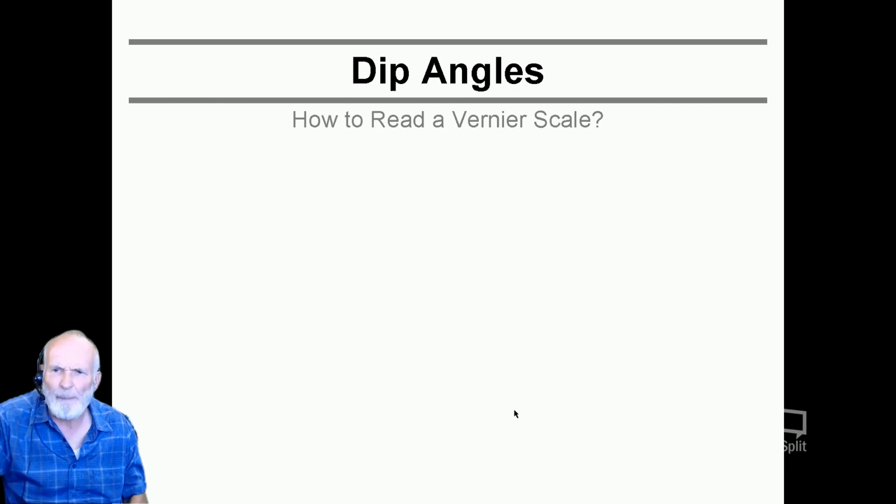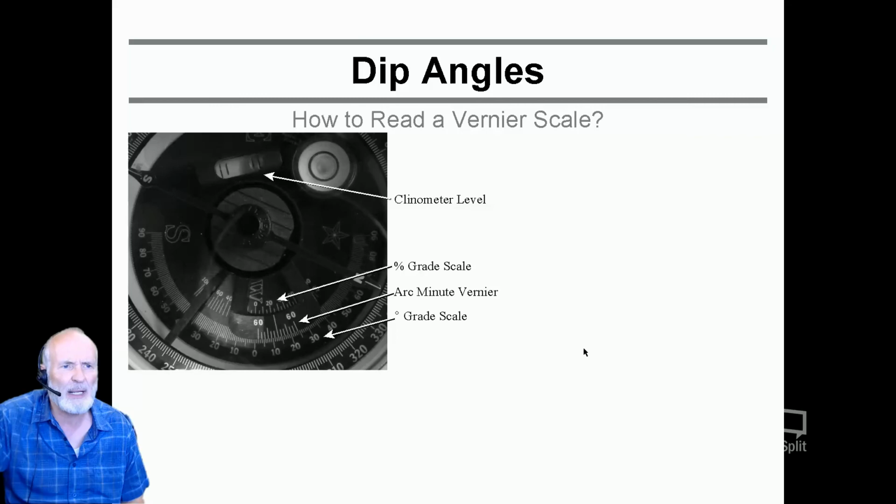Now for dip, there's something some of you may not know that makes readings incredibly accurate. It's called a vernier scale. So what is a vernier scale, right? Let's take a look at your Brunton, a regular Brunton. You see the clinometer bubble. We talked about this.